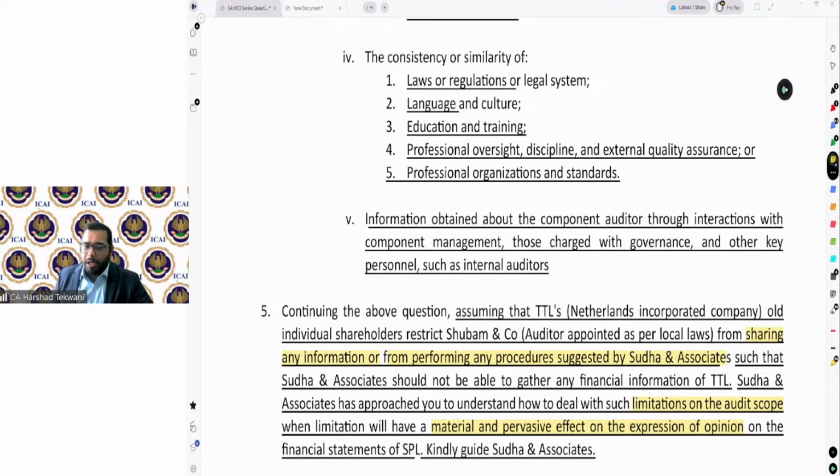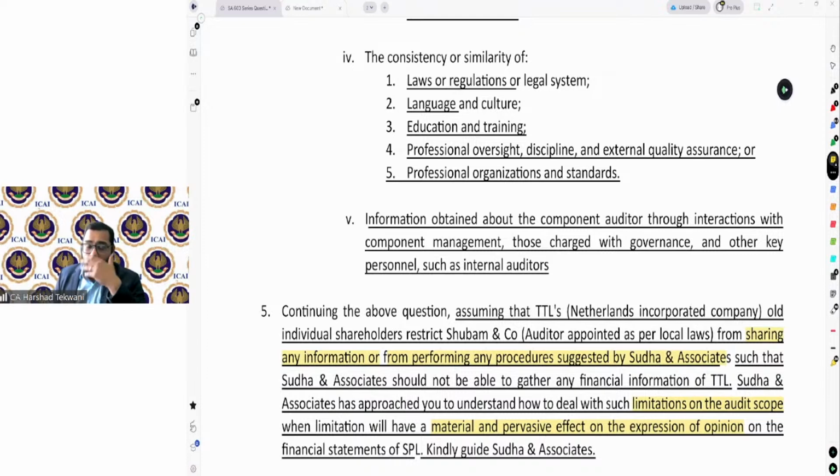What can Sudan Company or Sudan Associates do? How to deal with this situation? Very important, guys, very important.